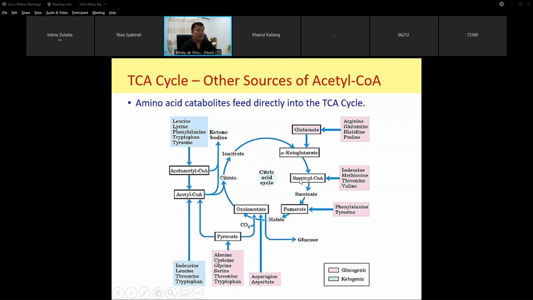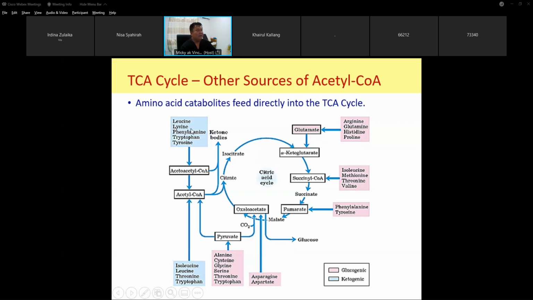Jadi maksudnya you get all of this not only from the initial acetyl-CoA tadi, of course it will enter. But also from the meat that you eat, you will even produce all the different metabolites. Jadi this is just to show lah. Macam ni lah, leucine, lysine, phenylalanine, tyrosine can either produce acetyl, then enter the cytosol.